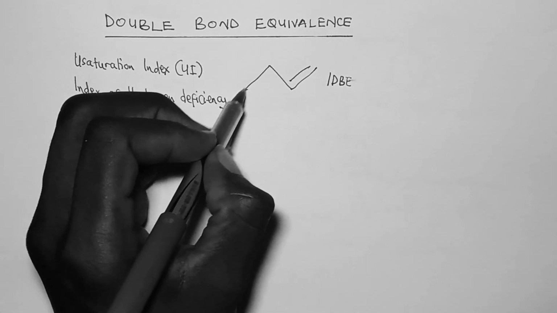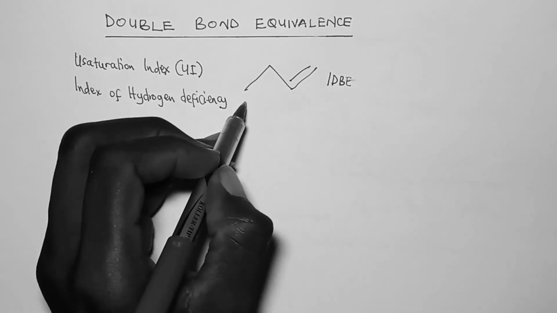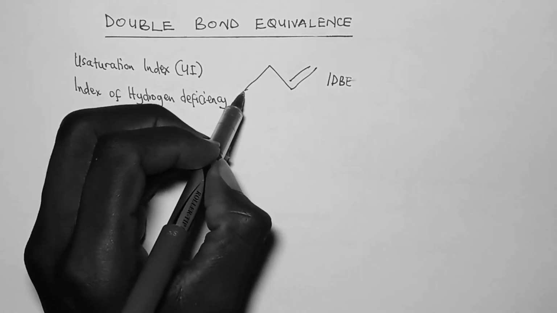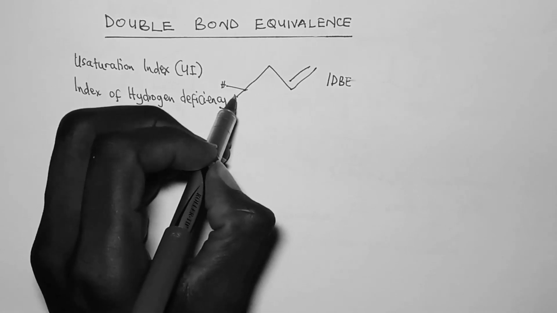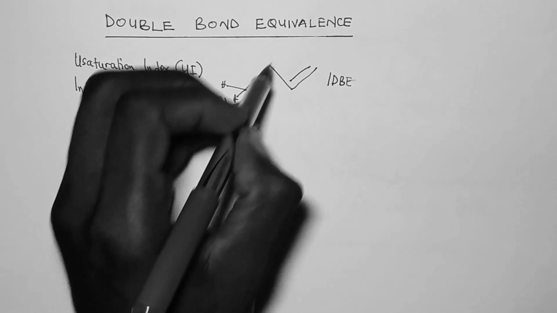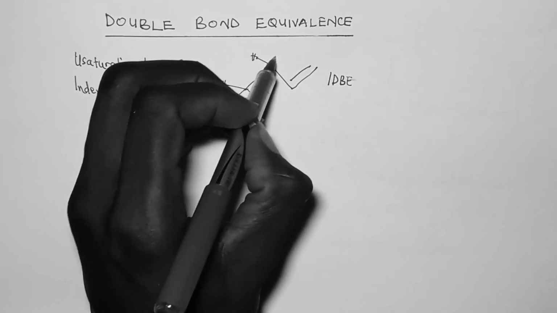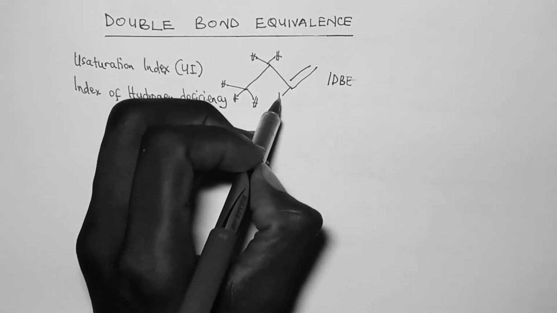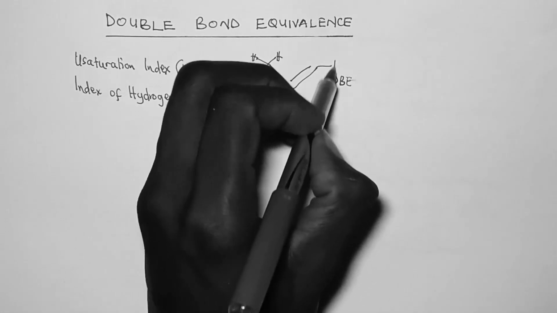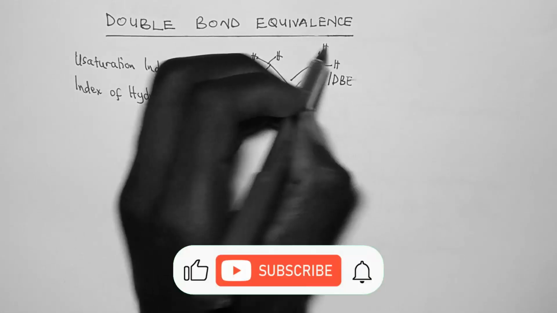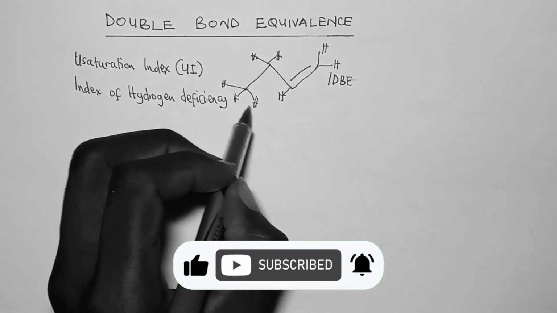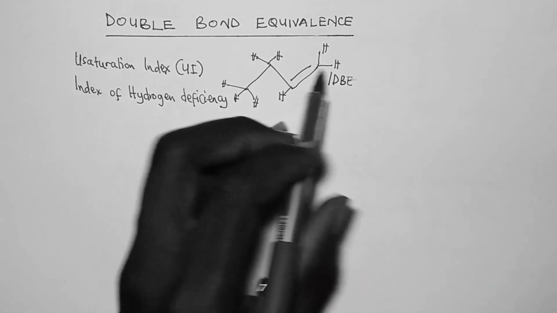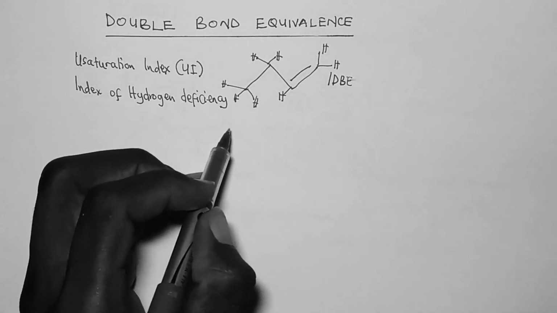Because if you compare 1-butene to normal butane, let's do the comparison. This is a proton, this is a proton, this is another proton. There are two protons here. There's one proton here, and then there are two protons here. So if you count the total number of protons, 1, 2, 3, 4, 5, 6, 7, 8. Sorry, there are 8.